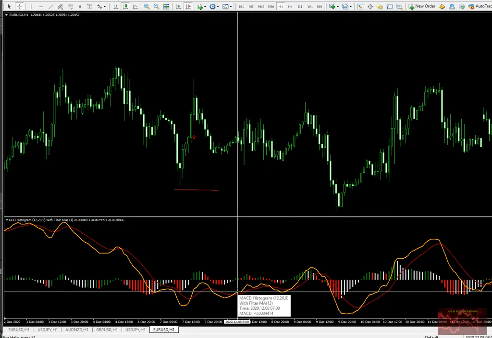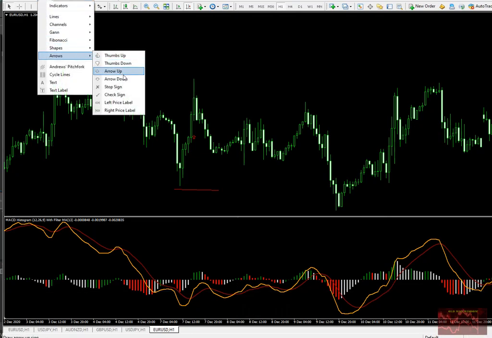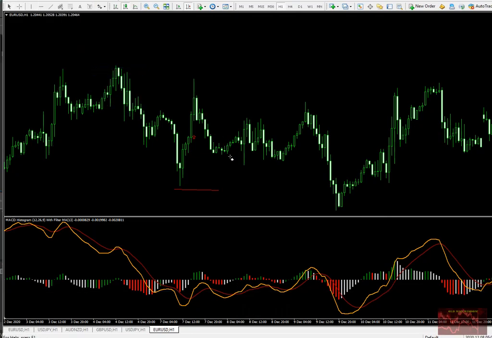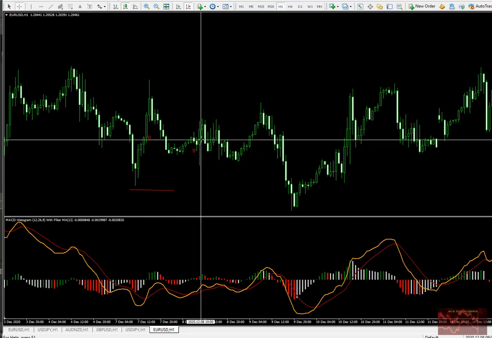For this example, we're literally going to put a buy at every single opportunity, just to show you. So the crossover roughly happened here.